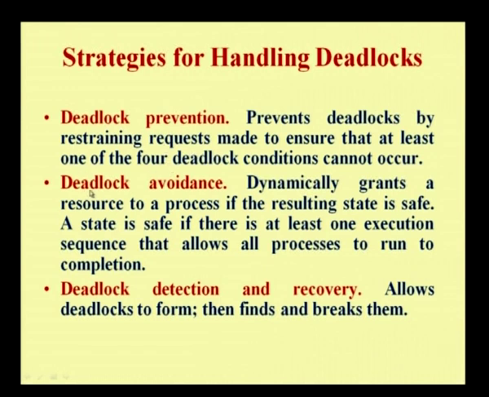Now the next one is deadlock avoidance. In deadlock avoidance, a resource is granted to a process only if the resulting state is safe. A state is safe if there is at least one execution sequence that allows all processes to run to completion. What do you mean by a safe state? A safe state is one wherein you do not have any sort of deadlock issues at all.